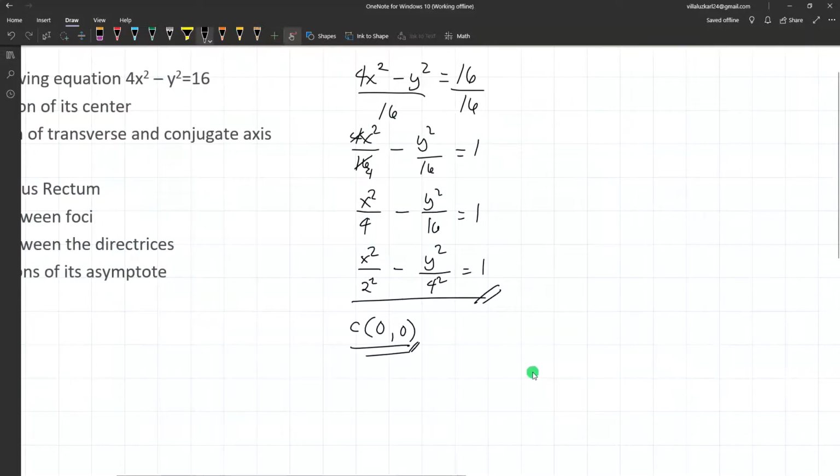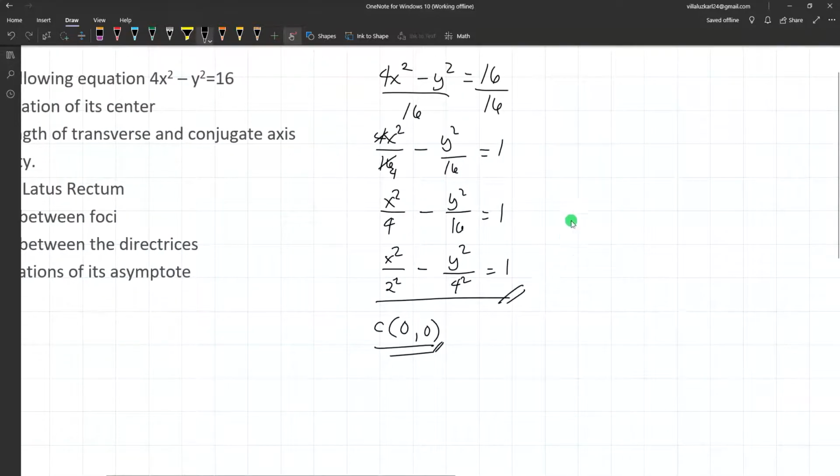So from the standard equation, this is for a. For b, we already determined that a should be the one that has the positive value for the term in the standard equation. So the positive term here is at x. Therefore, we will use 2 for a, and for the conjugate axis, we have 4 for b.